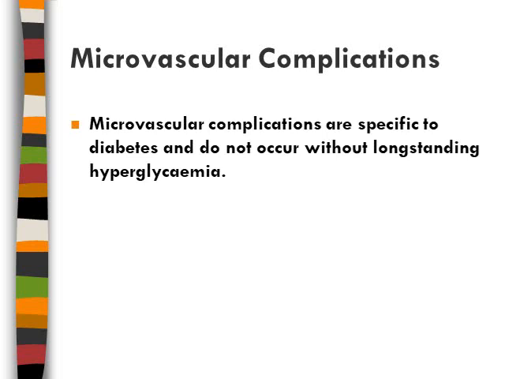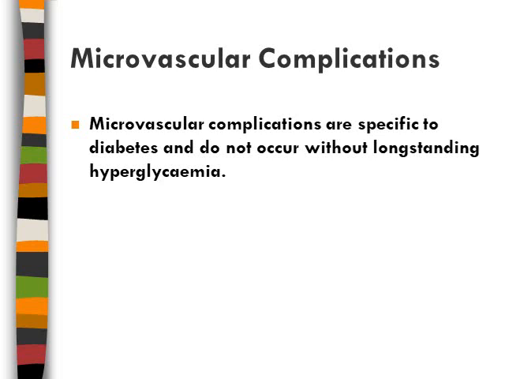There are certain considerations which should be kept in mind when we are talking about the microvascular complications of diabetes mellitus. Microvascular complications are specific to diabetes and do not occur without long-standing hyperglycemia, in contrast to macrovascular disease.